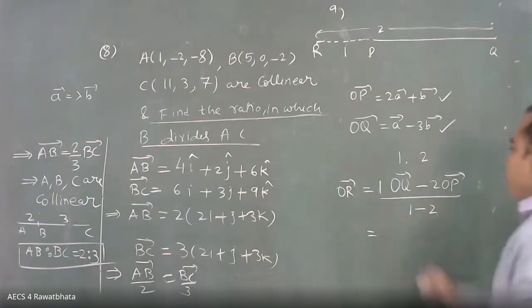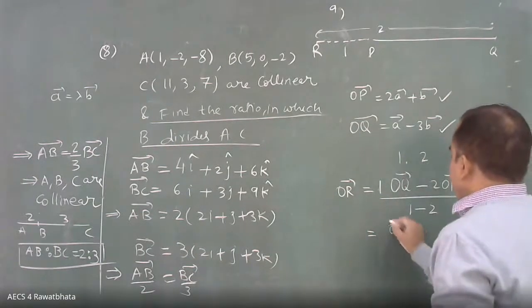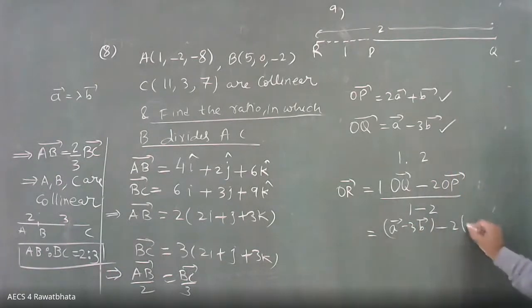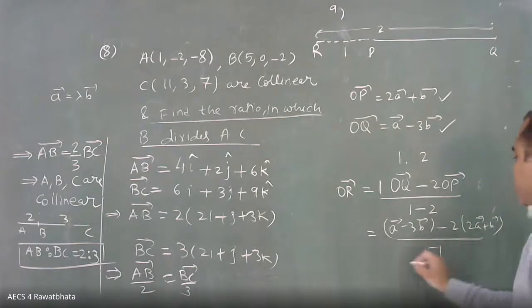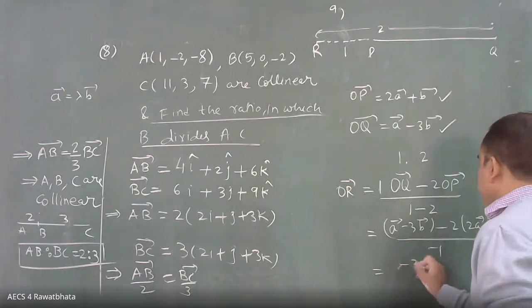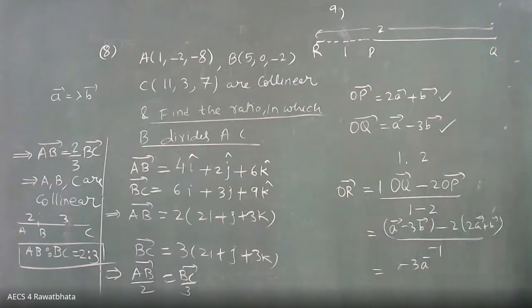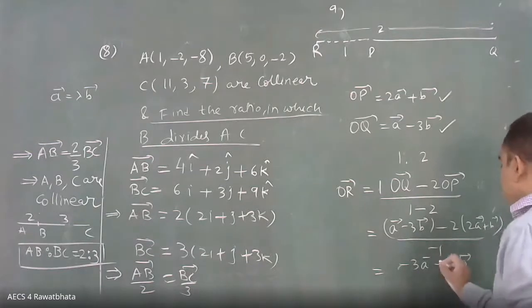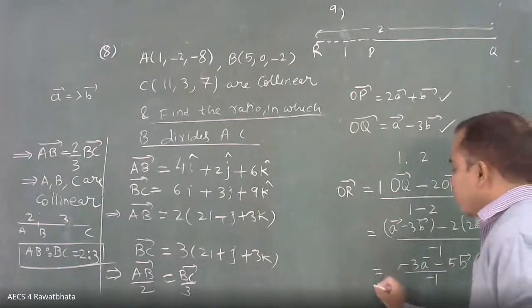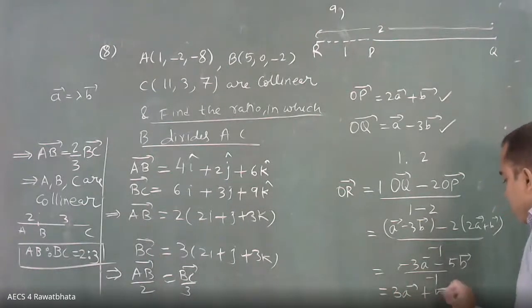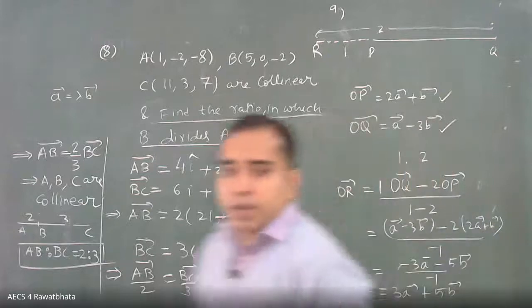So put the value. 1 OQ means A minus 3B, minus 2 OP means 2A plus B, upon minus 1. So A minus 4A will be how much? Minus 3A. Minus 3B minus 2B will be minus 5B, and whole divided by minus 1. So it will be equal to 3A plus 5B. This is the desired answer.